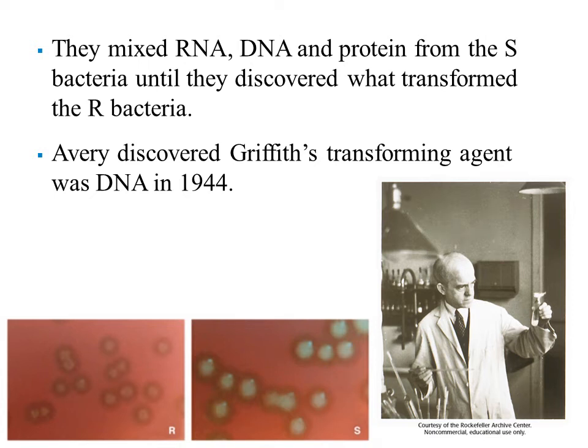What they did for the 14-year investigation was they mixed RNA from the heat-killed dead bacteria with the non-virulent bacteria. Then they mixed DNA from the heat-killed dead bacteria with the non-virulent bacteria. And then they mixed protein from the heat-killed dead bacteria with the non-virulent bacteria. And after 14 years, they realized that the transforming agent was DNA.